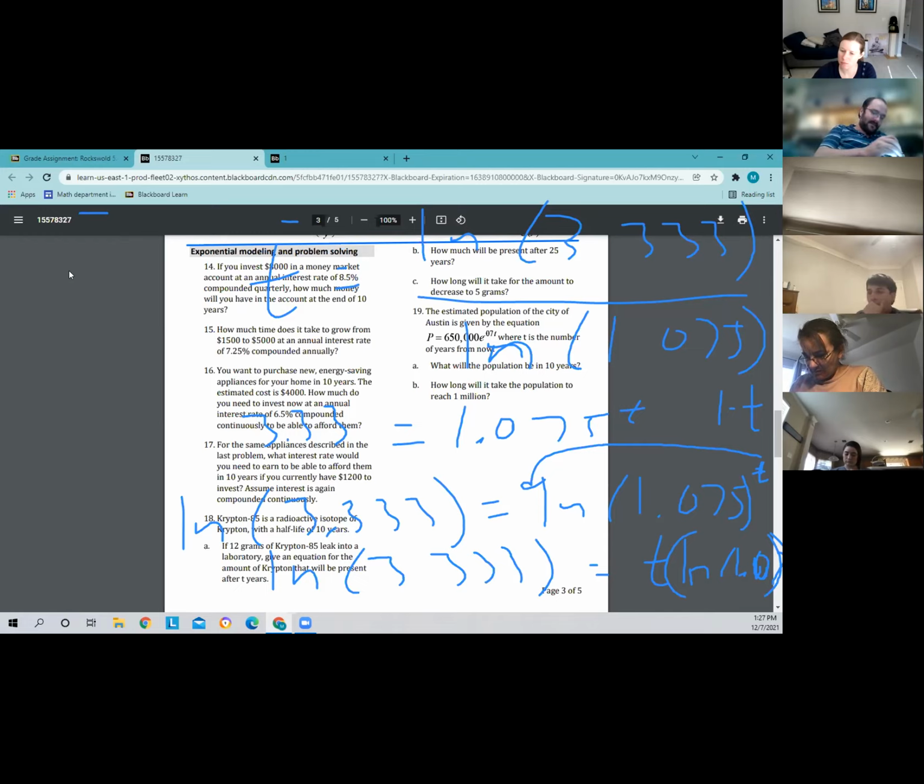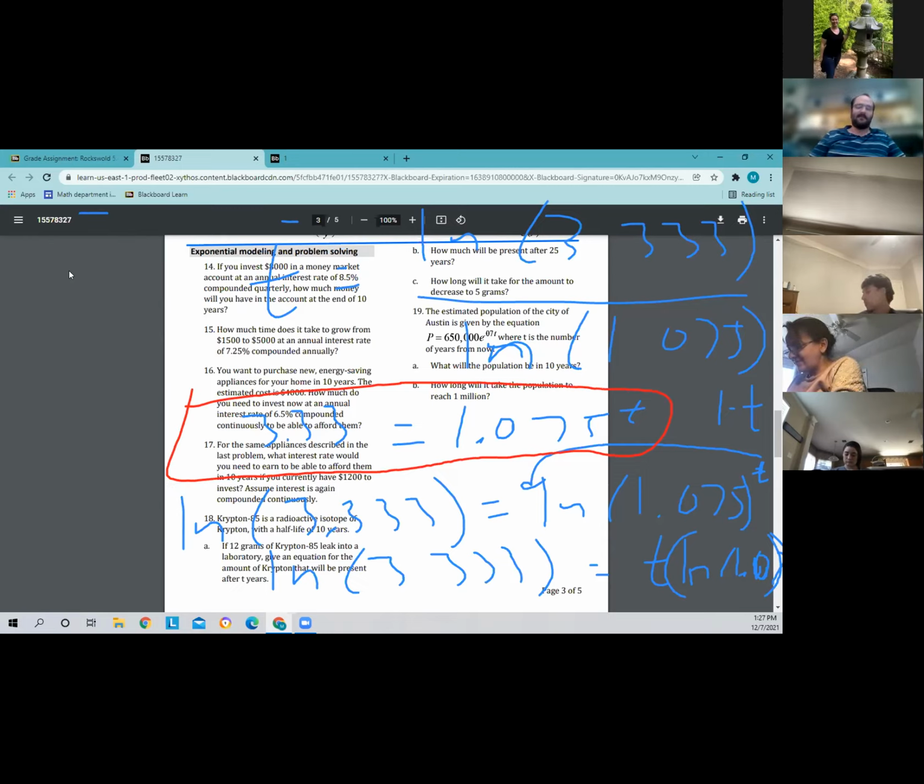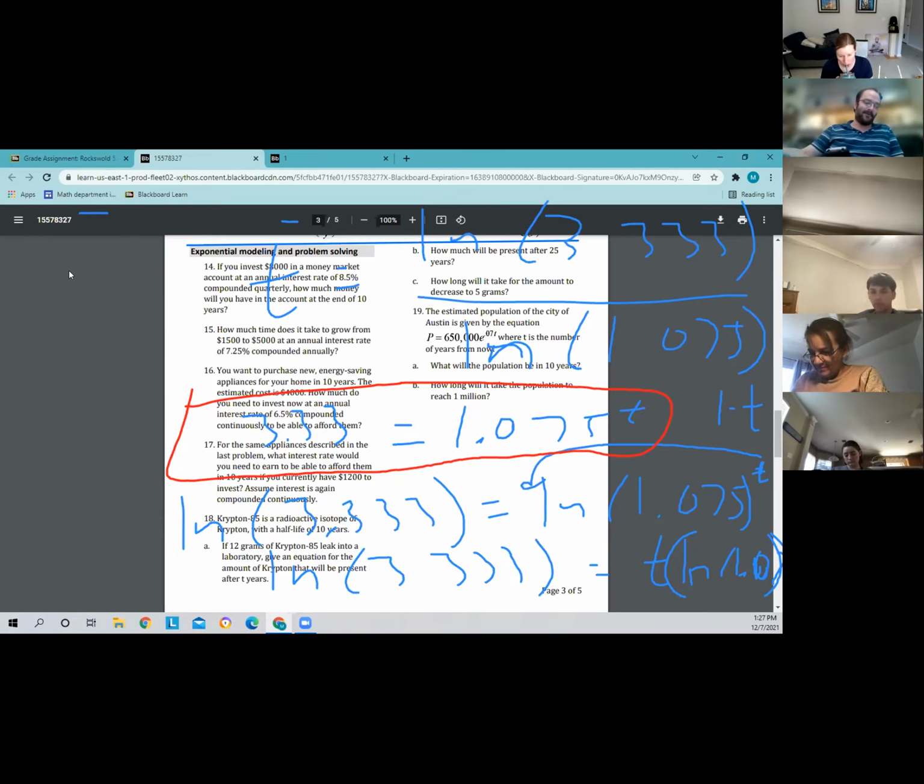So at this step, I would probably not do natural logs. It's kind of a weird thing, but I can do a log base 1.075 if I have a calculator. I can calculate that just as easily as anything else. I'd probably just say log base 1.075 of each side. So I would end up getting something like log of 3.33 base 1.075.